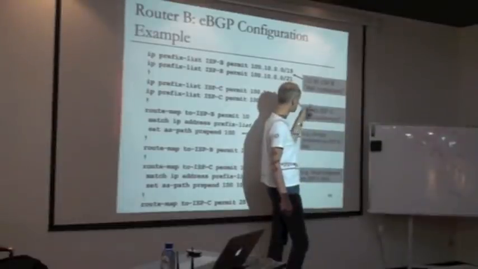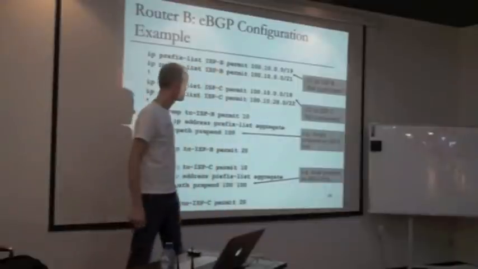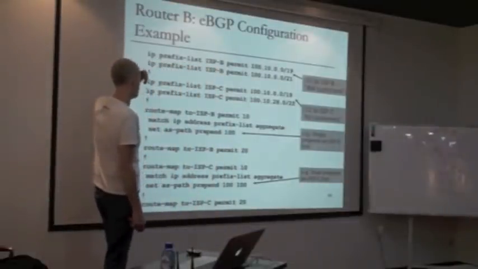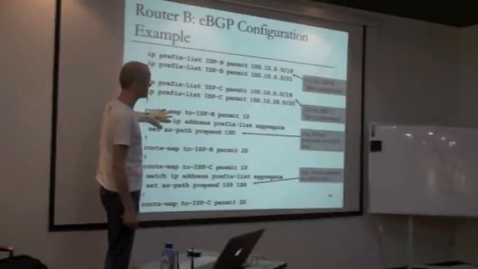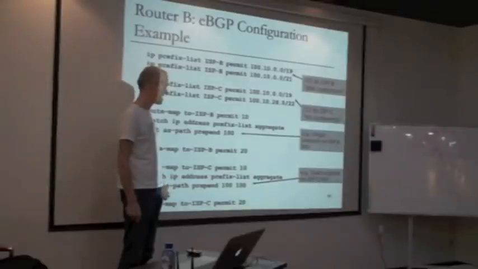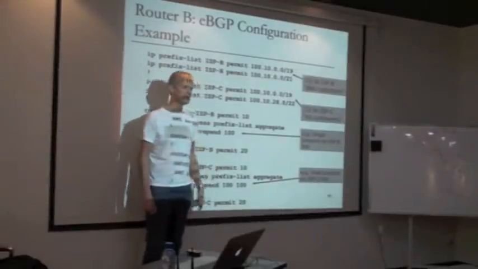So they go on this /22 and they go on the ISP C link. Everything else goes on the ISP A link. Now the aggregate being announced to ISP B has a single prepend. The aggregate to ISP C has 2 prepends.